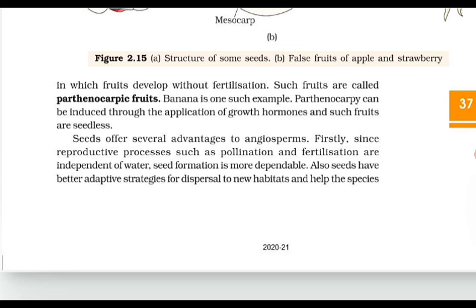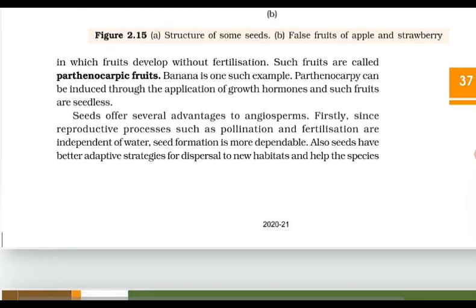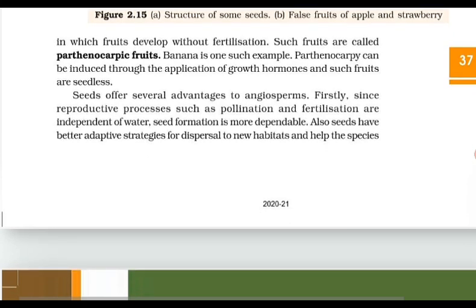Albuminous seeds retain a part of the endosperm as it is not completely used up during embryo development. पूरा यूज नहीं होता है, इसलिए seeds retain a part of the endosperm as it is not completely used up during embryo development. Examples are wheat, maize, barley, custard. Albuminous seeds के examples हैं wheat, maize, barley and custard. ठीक है?